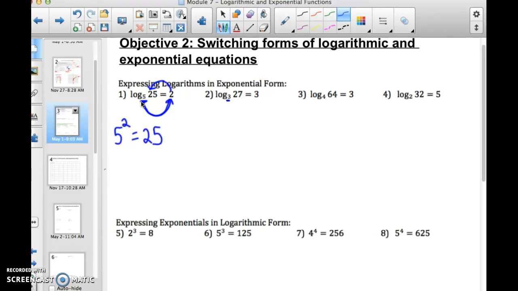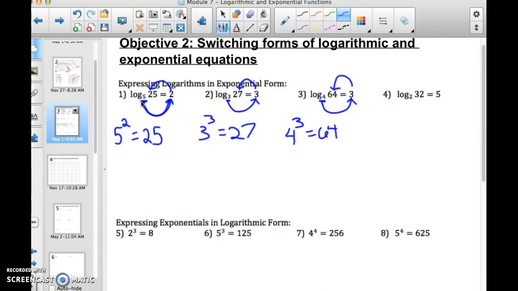I underline the base of 3, log base 3, draw an arrow to the power, log base 3 of 27 equals 3, so 3 raised to the third equals 27. Alright? And let's finish off the next two examples. Underline the base, draw an arrow to the power, draw another arrow to the output. So 4 cubed, or raised to the third, equals 64.